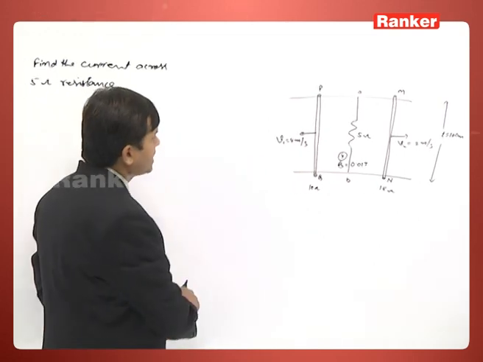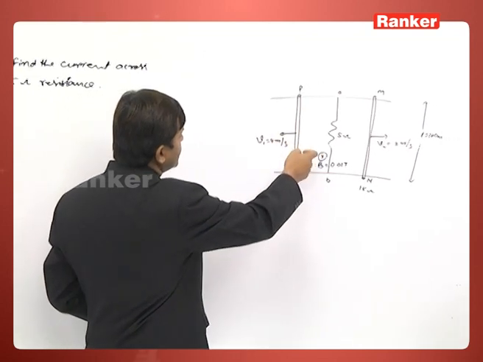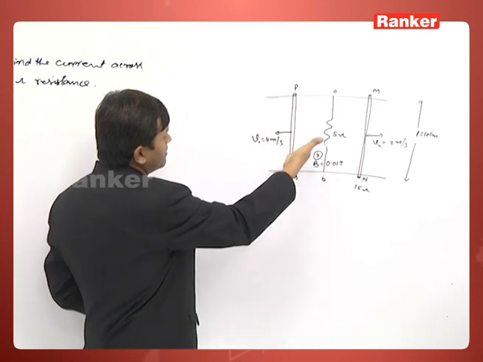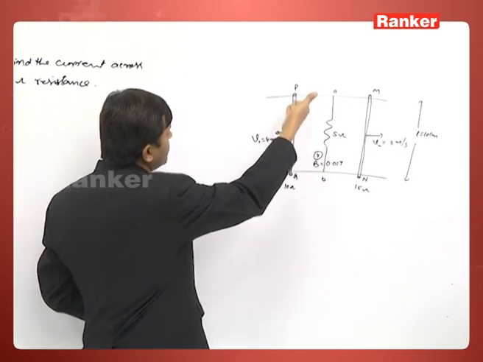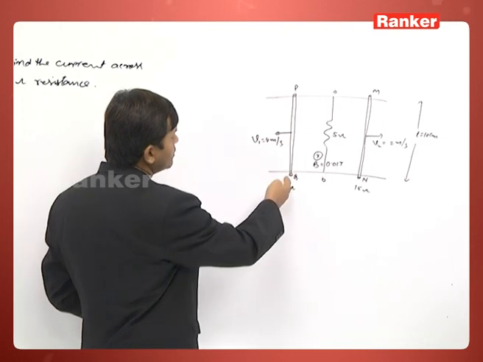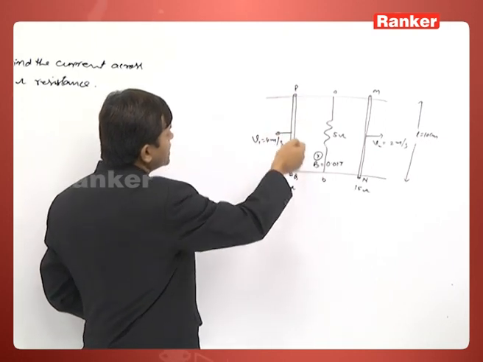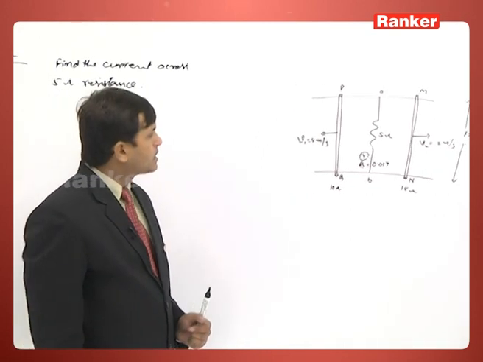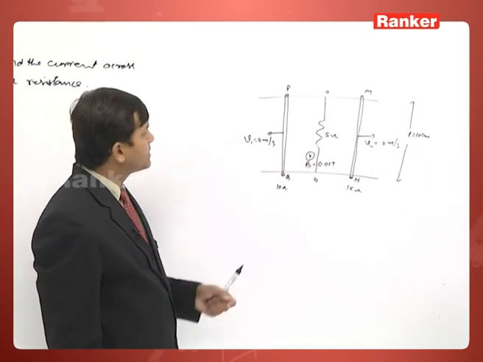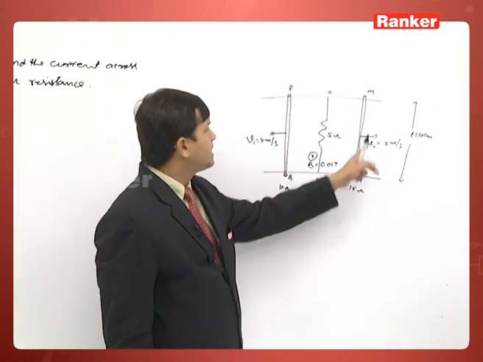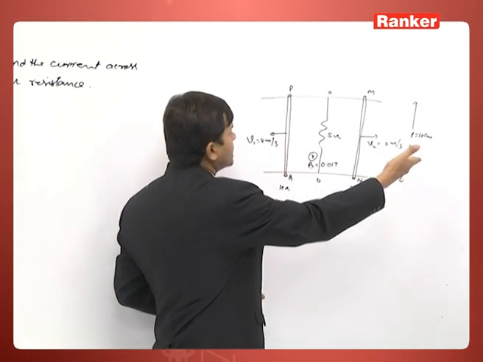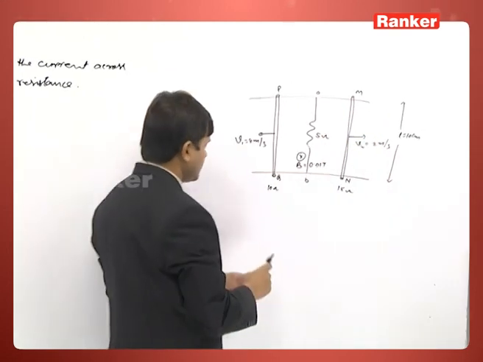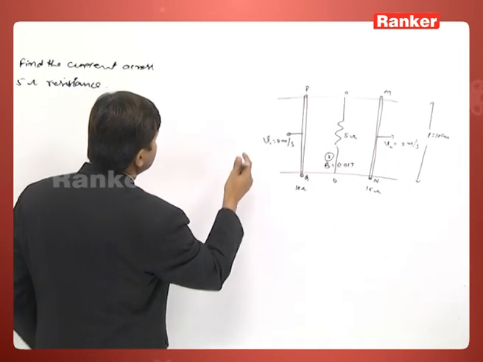See here, if I look at the PQ conductor, the velocity is in this direction and the magnetic field is inward. By the rule, P will be at a higher potential than Q. So in place of PQ, we can replace it with a battery of EMF V1 B L. Similarly, in MN, the velocity is in that direction, so M will be at a higher potential than N. See here, that whole system can be replaced like this.